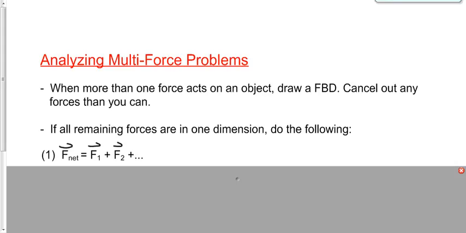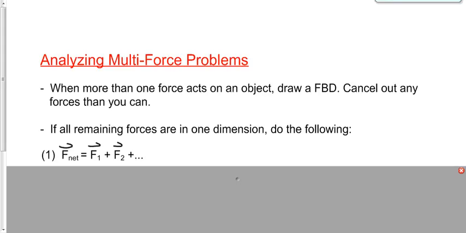Maybe they're called F1, F2, F3. Maybe they're called FA, FF, FAir, whatever they're called. Set F net equal to the total of those forces, because that's really what net means, right? Total. Remember, my net pay was the total of all the additions and subtractions to my pay. Net force is the total force.